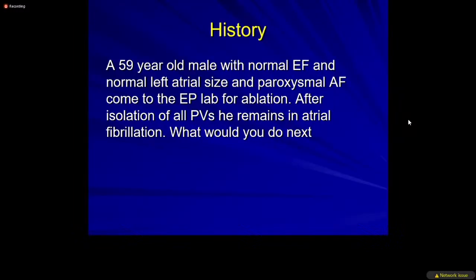Those are important variables. So I'll show you this 59-year-old male with paroxysmal AF, normal left atrial size. After isolation of the PV, he remained in atrial fibrillation. What would you do next?